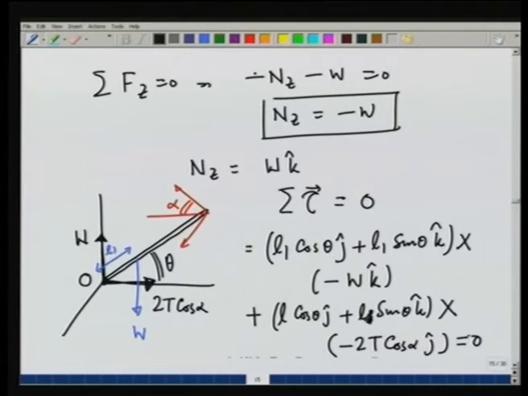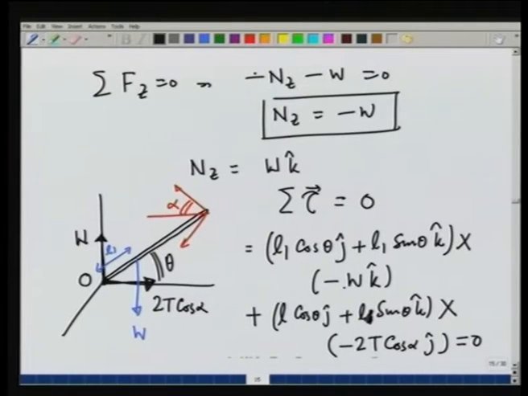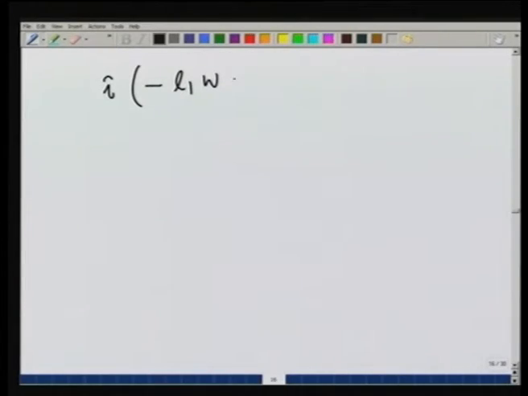This condition would determine the tension T. So, let us work this out. The first term is going to give me j cross k, which is i, L1 cosine theta times W. So, the first term gives me i times minus L1 W cosine theta.